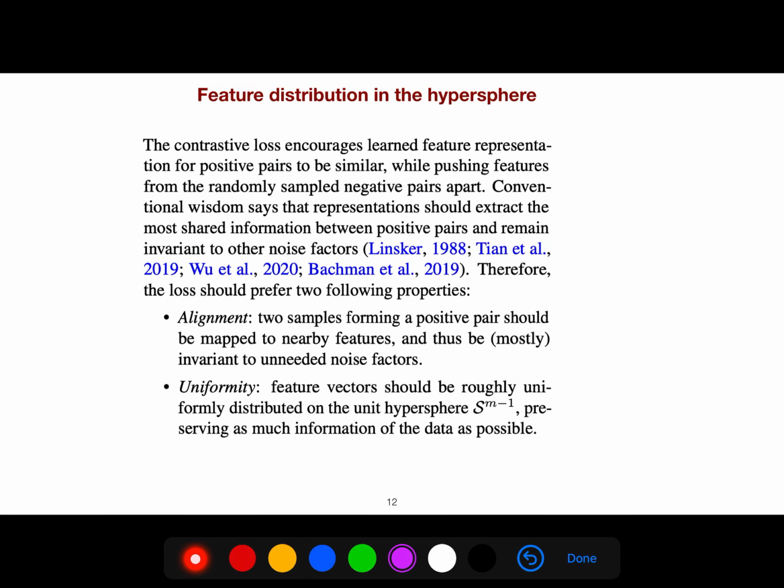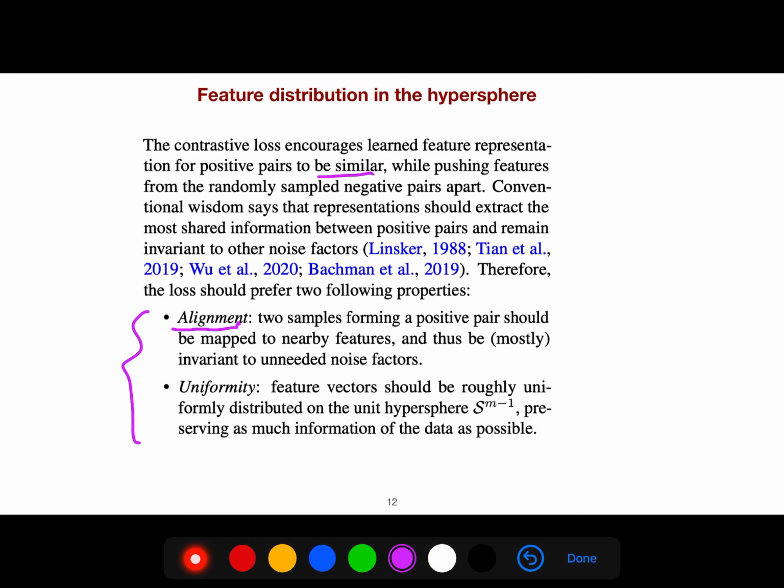The contrastive loss encourages learned feature representations for positive pairs to be similar while pushing features from randomly sampled negative pairs apart. So the loss should prefer alignment and uniformity.